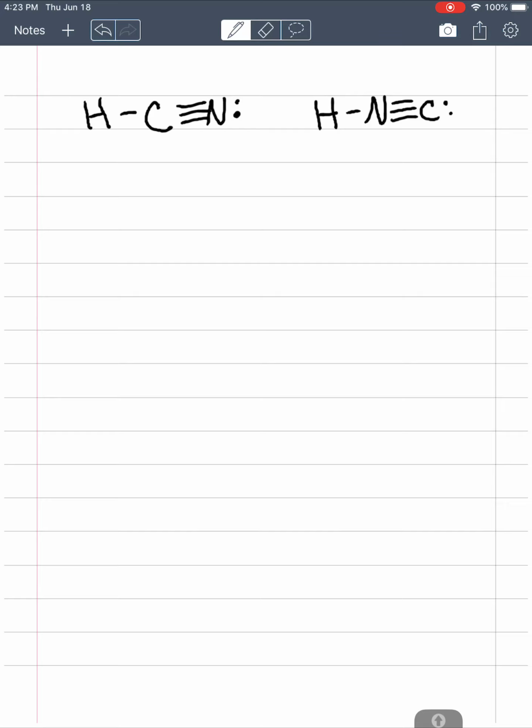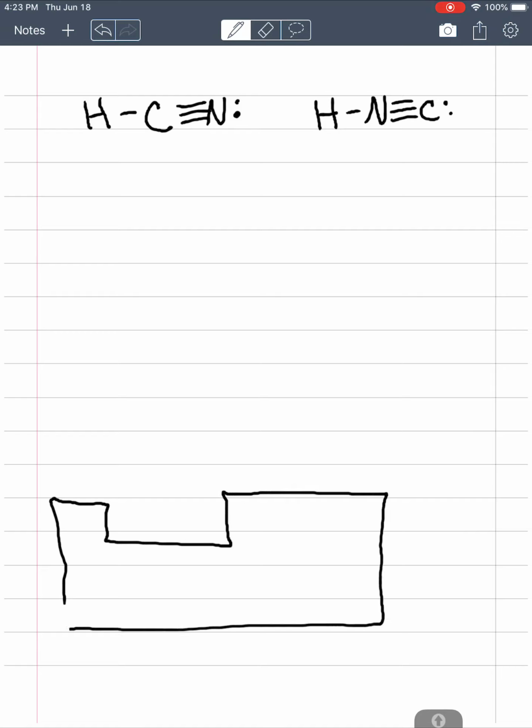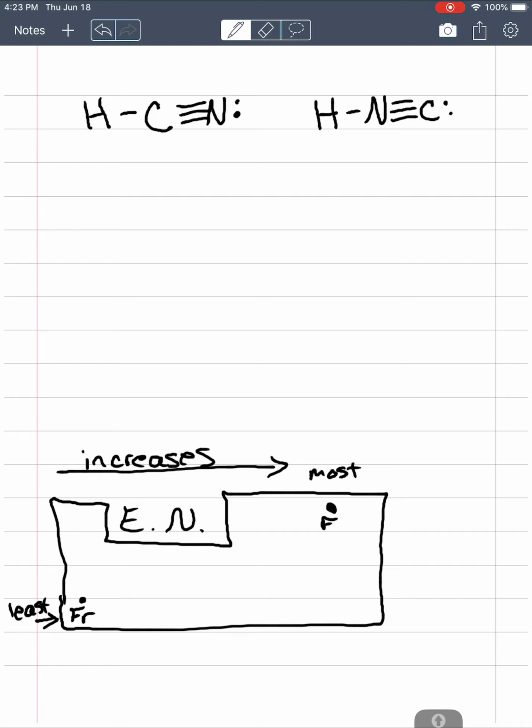So if you're looking at the periodic table, the most electronegative atom is here, and that's fluorine, and the least electronegative atom is here, and that's francium. So as you go this way, it increases. And as you go this way, it increases.